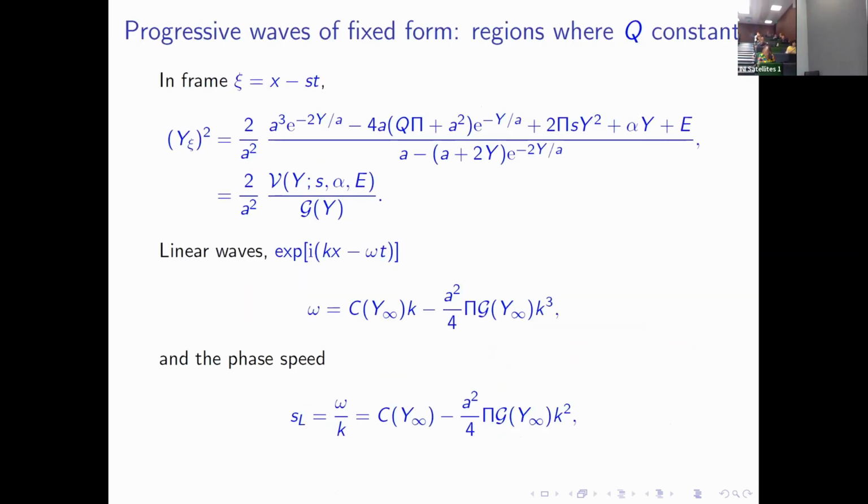Everything is a polynomial in K, right? Yes, we've expanded in K there. Is it an expansion? No, I think that's the full thing, yeah.